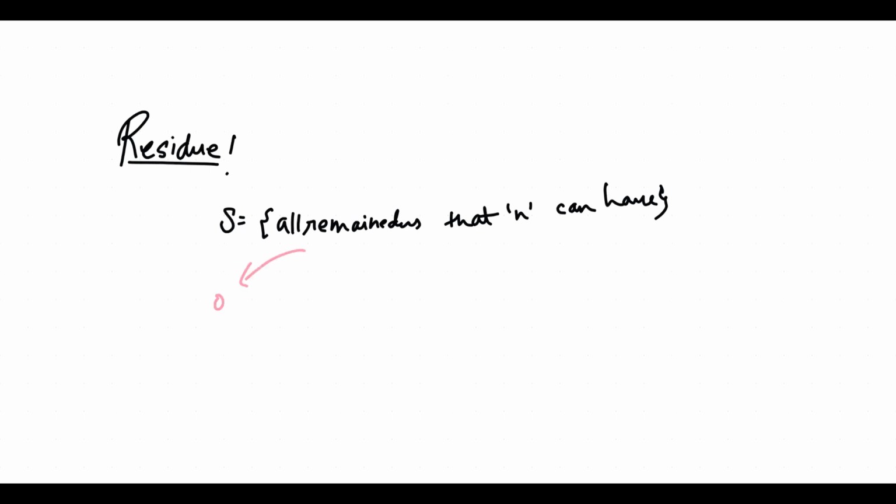Okay, remainders that n can have. It has a special name, in fancy terms, right? Yes. So it can have remainder 0, remainder 1, remainder 2, and so on. If n is 10, it can have remainders till 9, right?